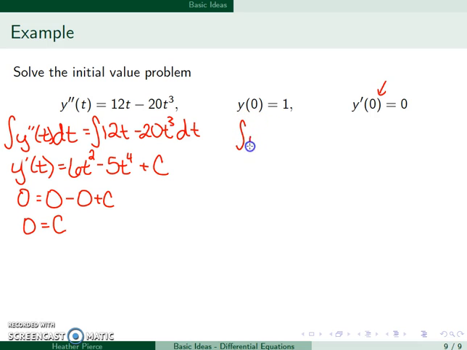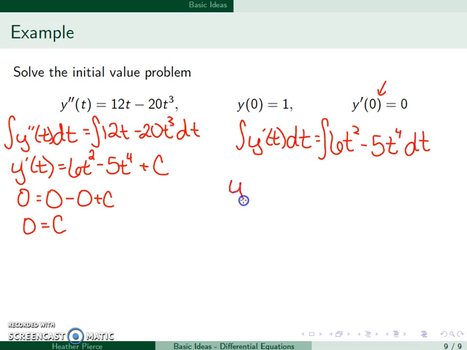I'll now look at the integral of y prime of t dt, which should be equal to the integral of 6t squared minus 5t to the 4th, and we know that c is 0. So I get that y of t is, adding 1 to the exponent and then dividing by that number, 2t cubed minus t to the 5th plus d.